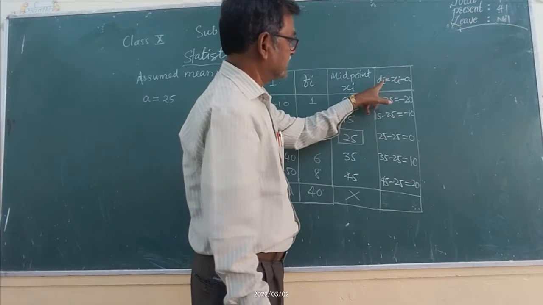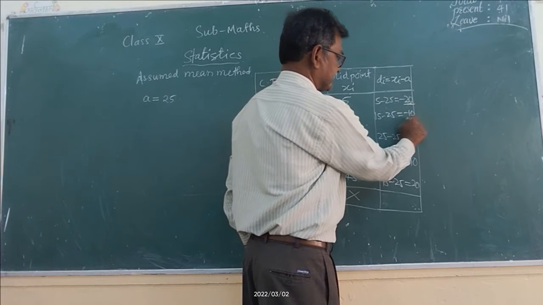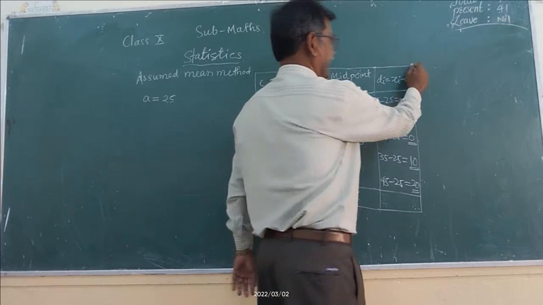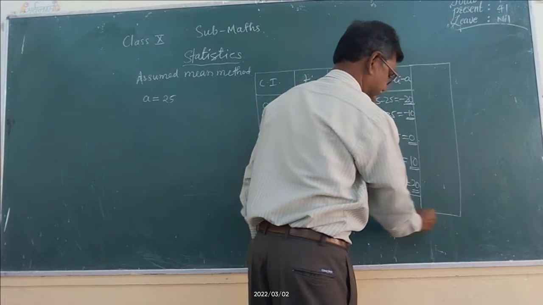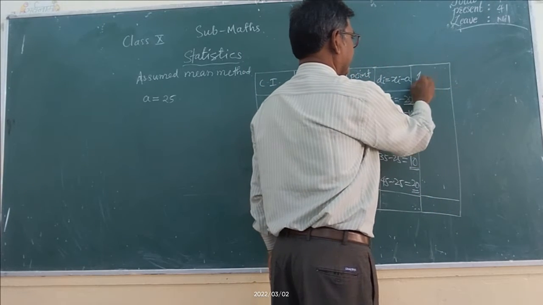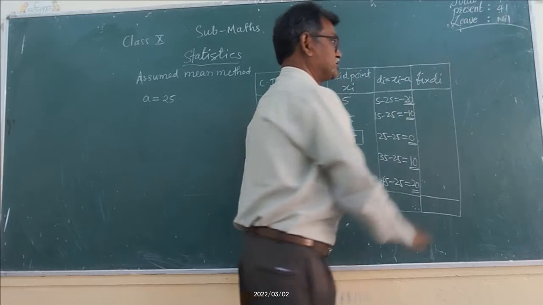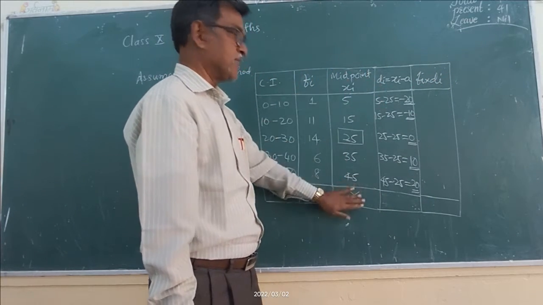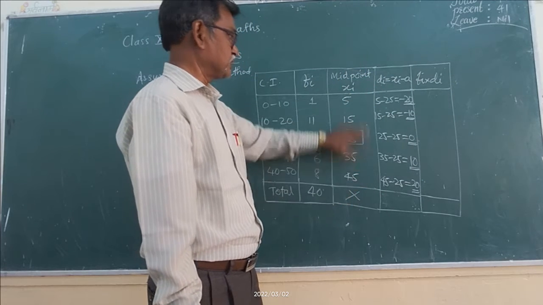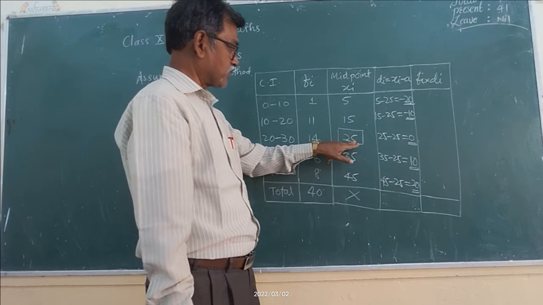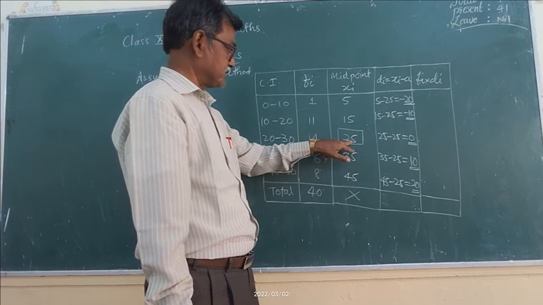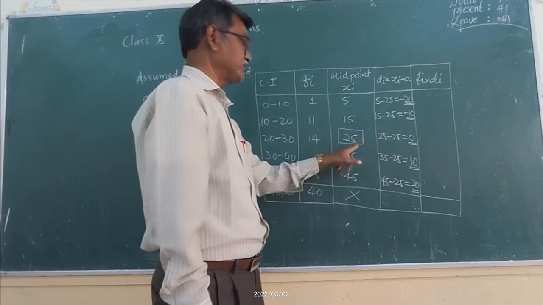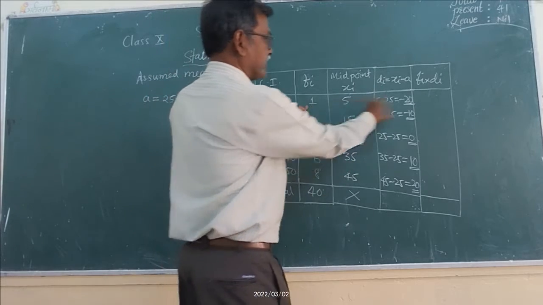Now this di, the deviation, is this. Then make the next column, that is fi into di. This column of midpoints is not useful for now; it is only for finding the assumed mean and the deviation from the assumed mean.